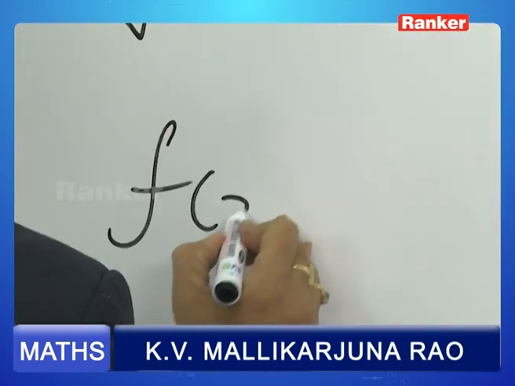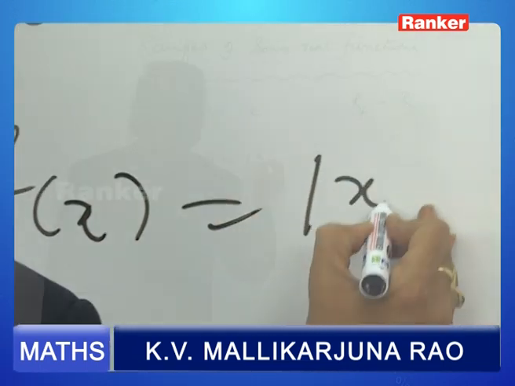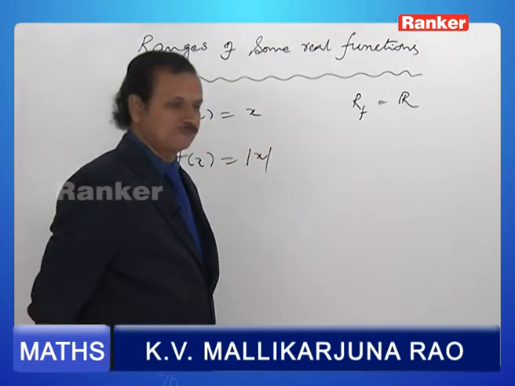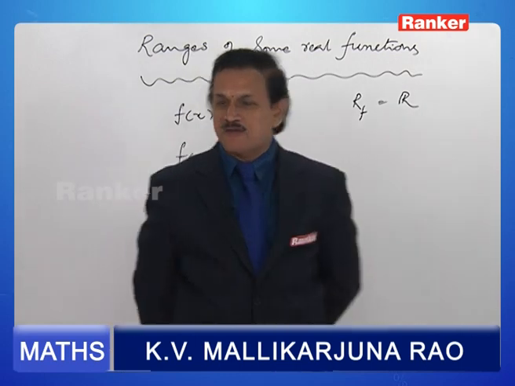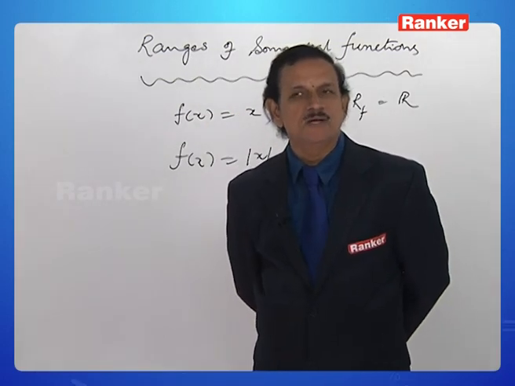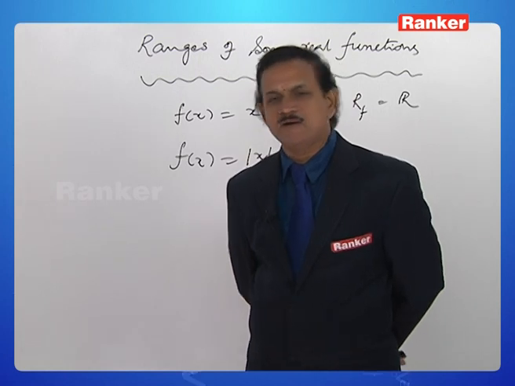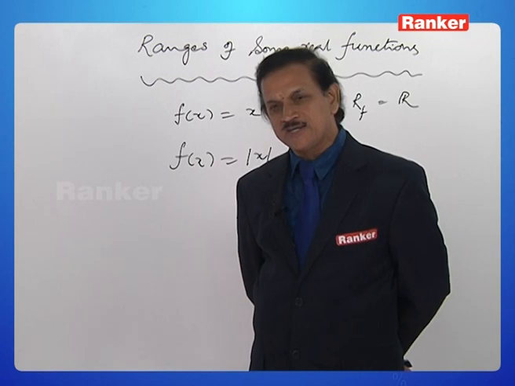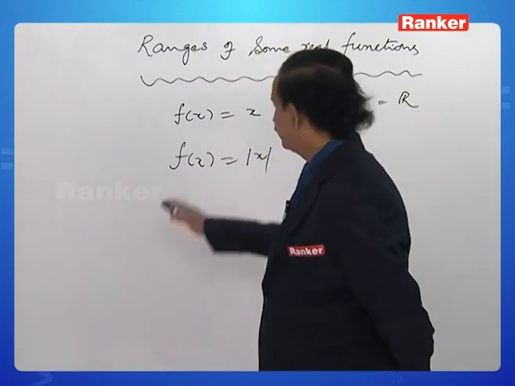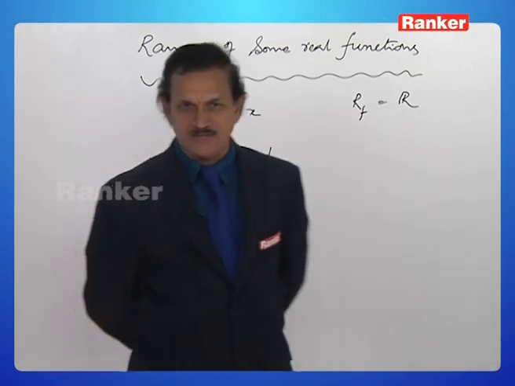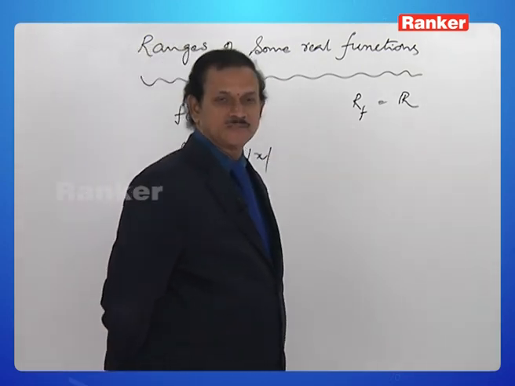Take f of x is equal to mod x. What is the domain of this function? The set of real numbers, because for any real number we are able to have mod x. The input here can be any real number. What is the output? Mod x.